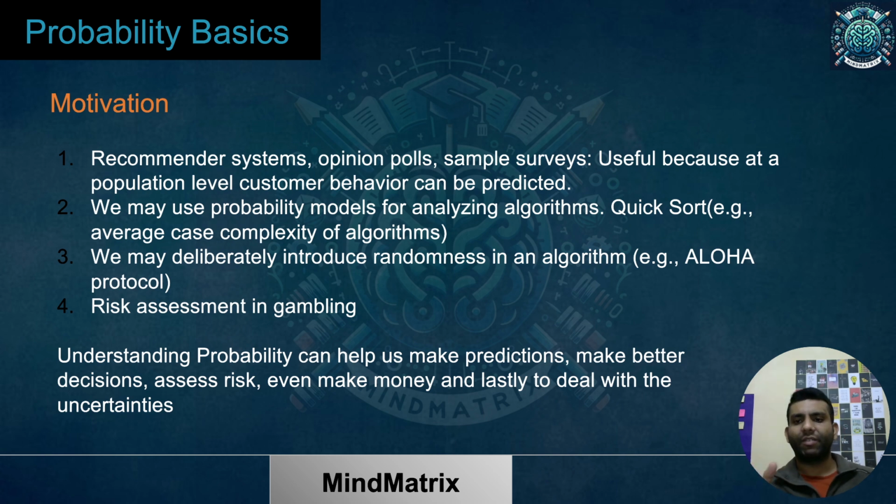I can't recall exactly what Aloha stood for, but there is a randomness we introduce: there is a probability of collision, or a probability of sending data at the same point of time. So we model and use probability there as well. And in risk assessment in gambling, what are the chances of winning after you have played this much? Here also probability is used at the foundation step.